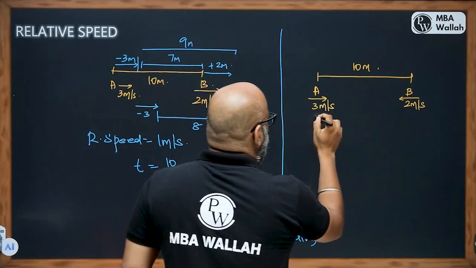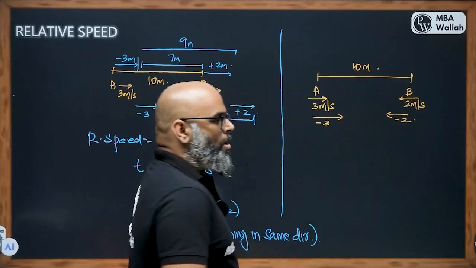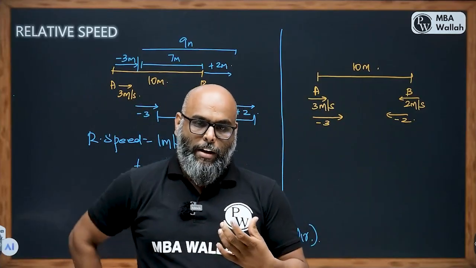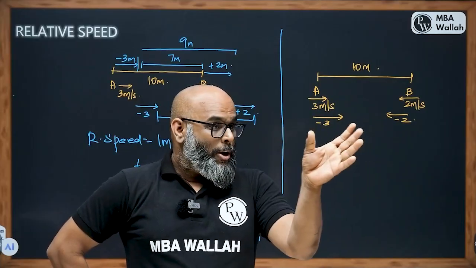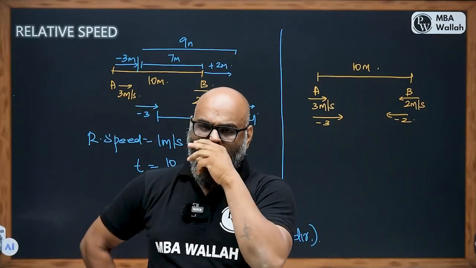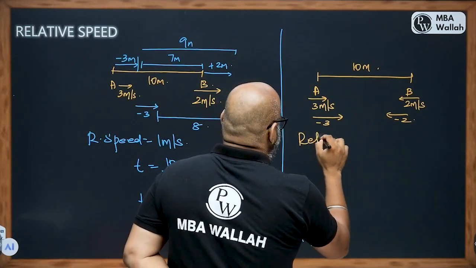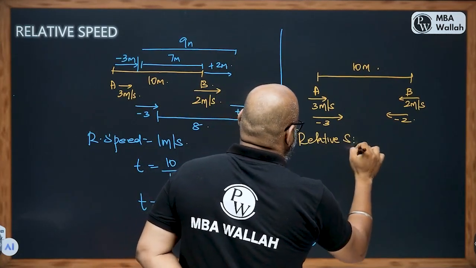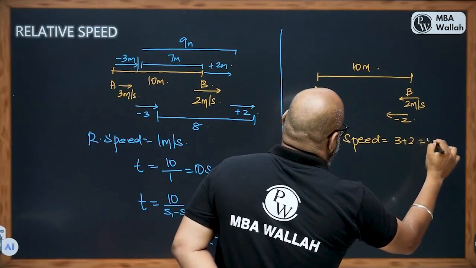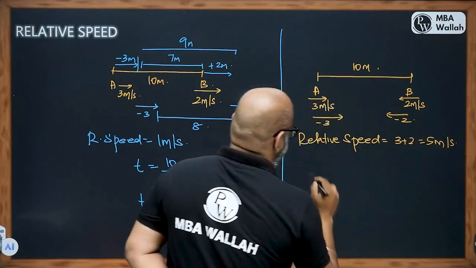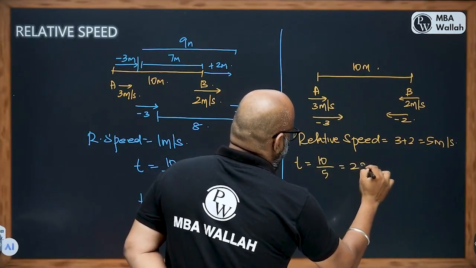Every second, the gap between them reduces by 3 here, 2 here, or effective reduction in the distance is 5 meters per second. A reduces it by 3, B reduces it by 2, or the relative speed here will be equal to 3 plus 2, that's 5 meters per second, or I can say time taken is 10 divided by 5, that is 2 seconds.